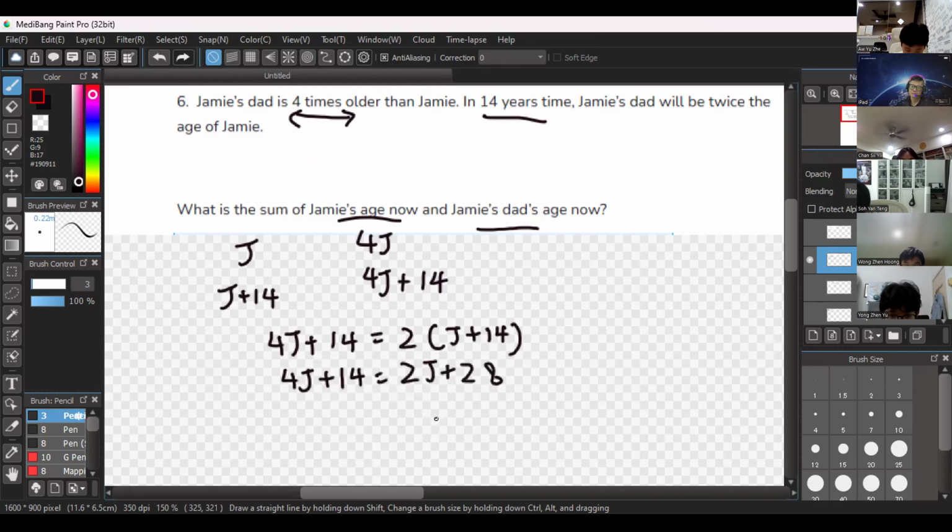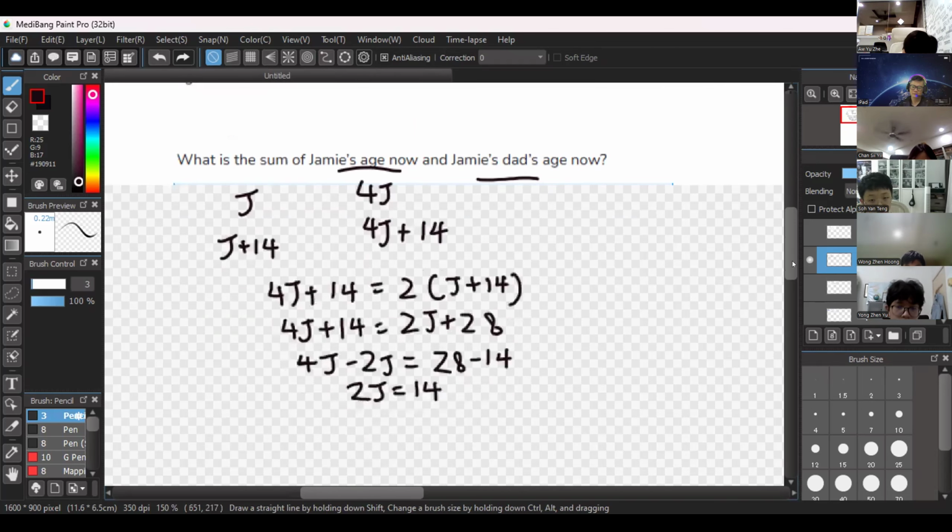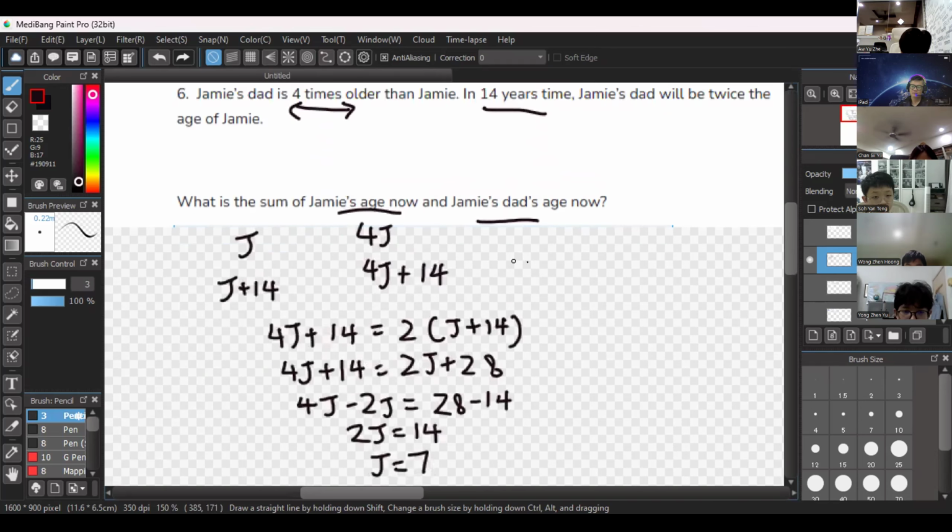And then we can shift the places. So 4J minus 2J will equal to 28 minus 14. So 2J will equal to 14. And then finally J will be 7. So now we know that Jamie's age now is 7.